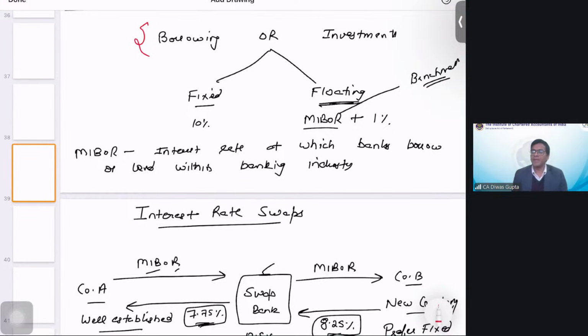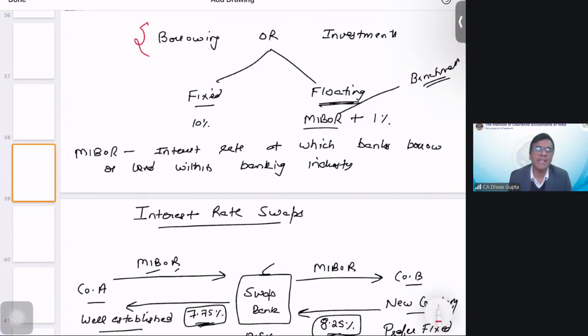So let's say there is an automobile loan, a car loan somebody has taken. It generally is a short term loan and it happens on a fixed percentage, let's say 10%. On the other hand, somebody has taken a housing loan. The housing loan is a higher tenure, so it happens on MIBOR plus 1%.